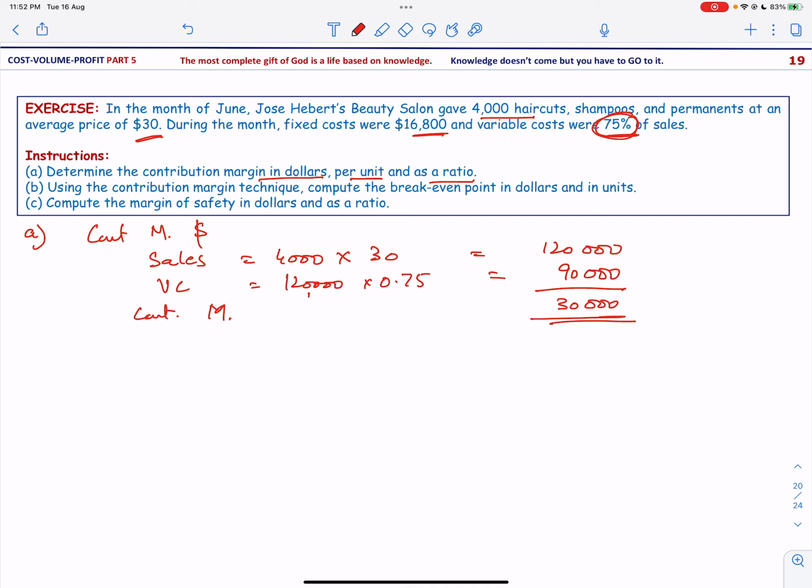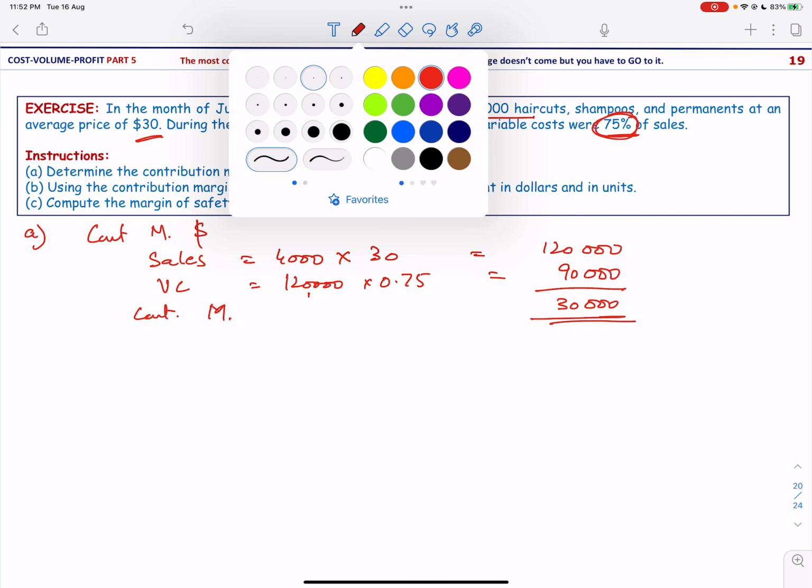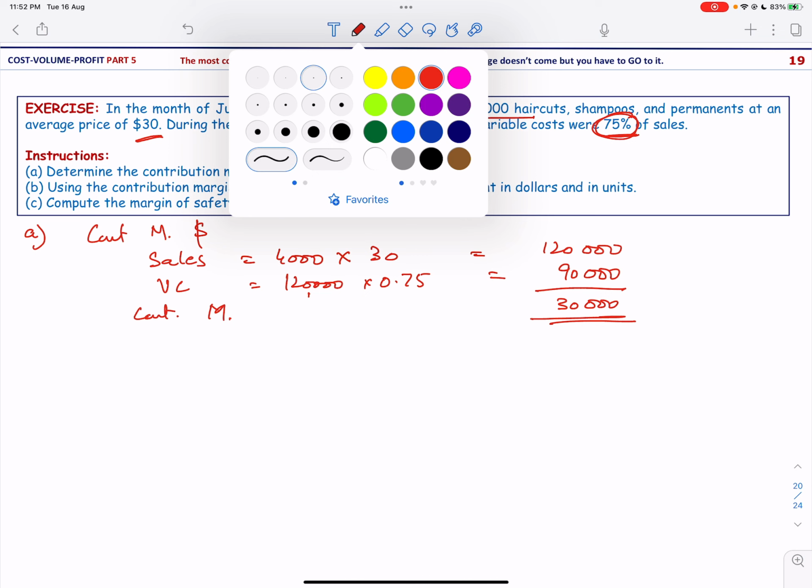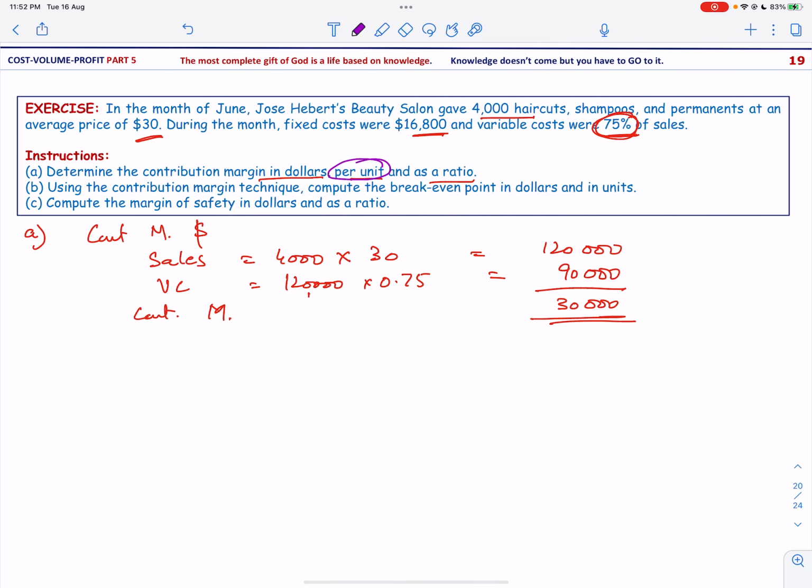Next, they ask us to calculate the contribution margin per unit. Contribution margin per unit will be equal to selling price, that was 30, minus variable cost, and variable cost is 75% of 30.